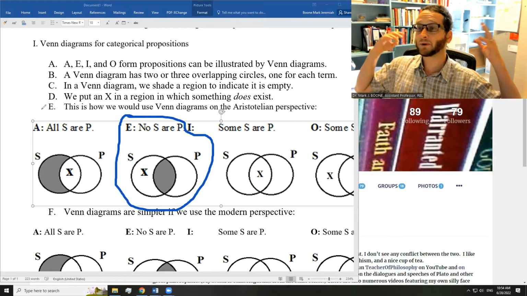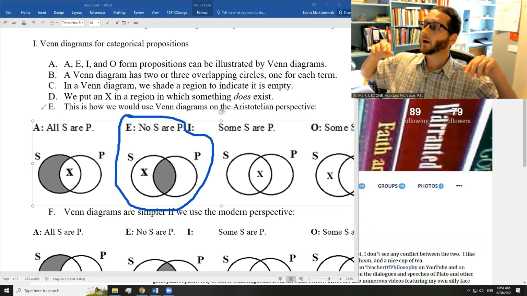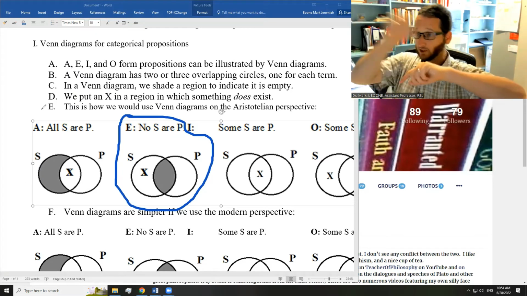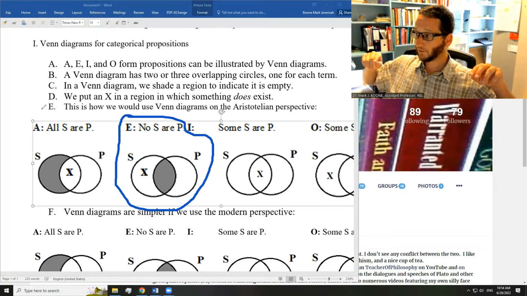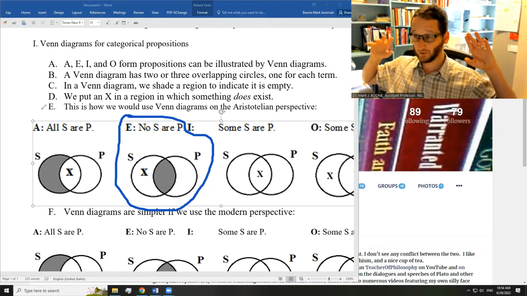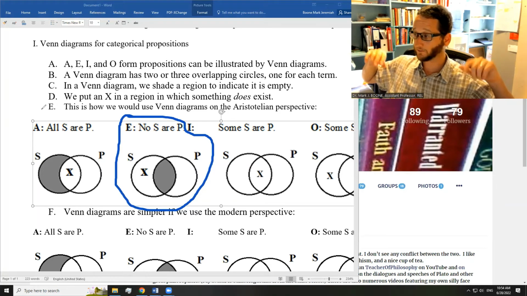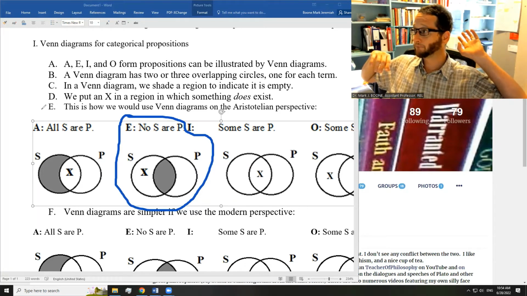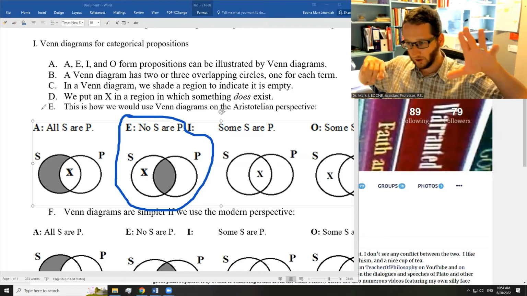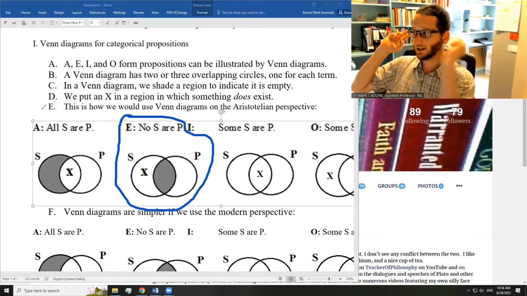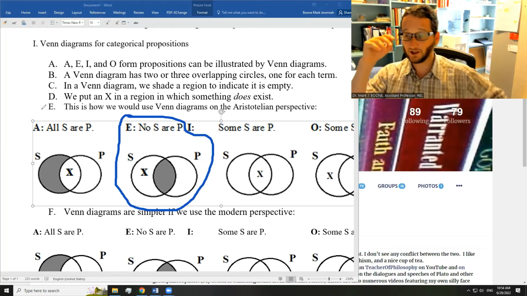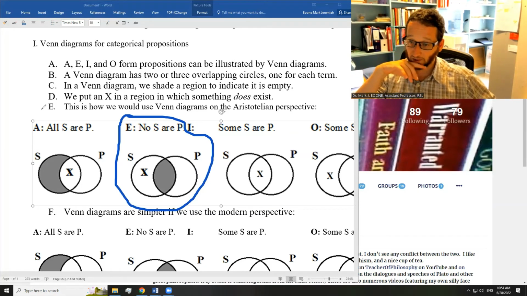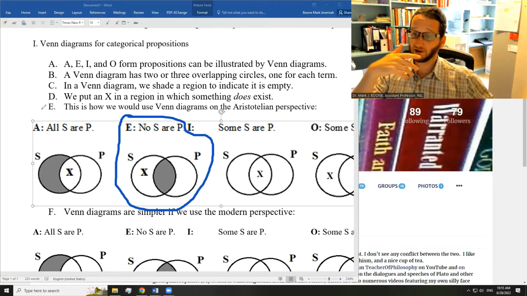So if I'm saying no guinea pigs are hamsters, I'll have one circle for guinea pigs, one circle for hamsters, and they are overlapping such that there are three regions where you can include some information. You can put information in the guinea pig only region, in the guinea pig and hamster region, and in the hamster only region. Actually, you'll never want to write information in the hamster only region. You want to know what that would look like, but that's not how you do a Venn diagram properly.